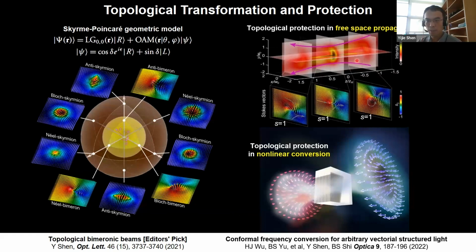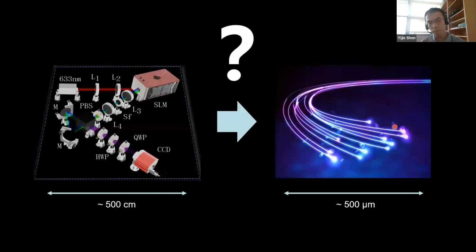I think these are very fundamental studies for topological protection in optical information transfer. It's very useful for our future resilient information network. However, to realize this dream, there is still a long way to go.